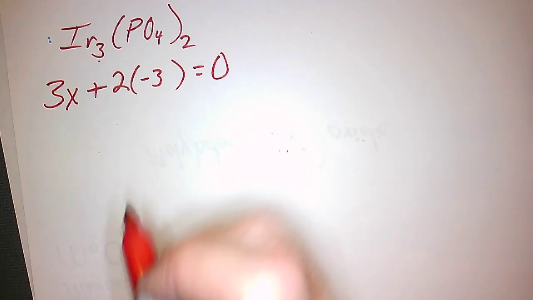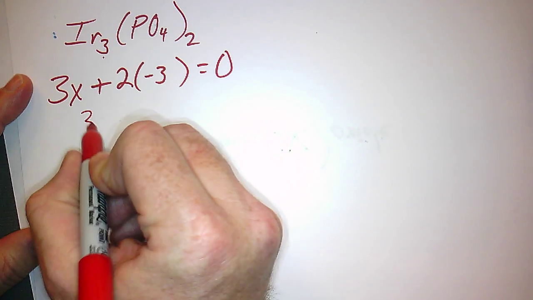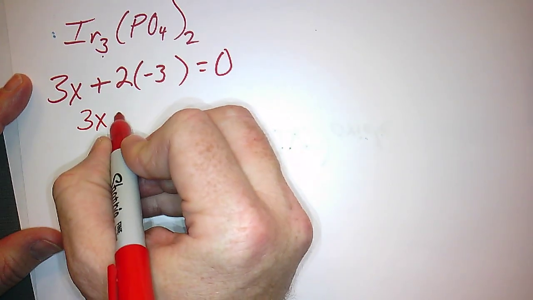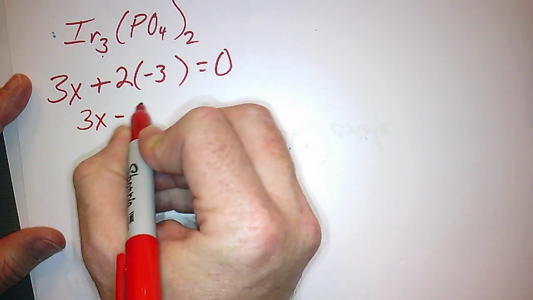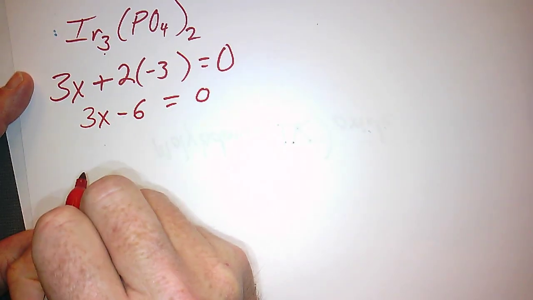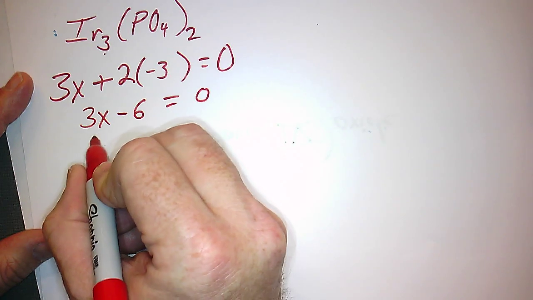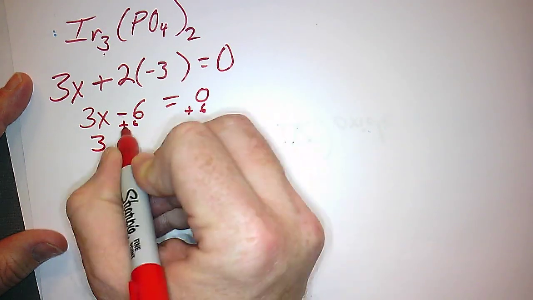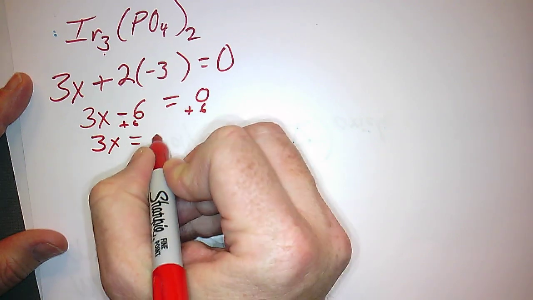Now we do our algebra, right? So 3x we bring down. And then what's 2 times negative 3? Negative 6 equals 0. Then how do we get plus 6 to a side? So add 6, add 6. So 3x equals 6.